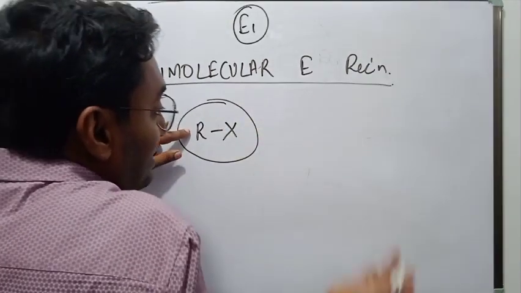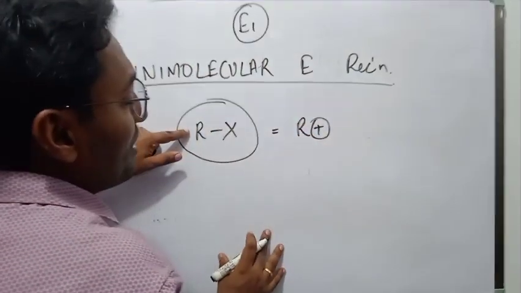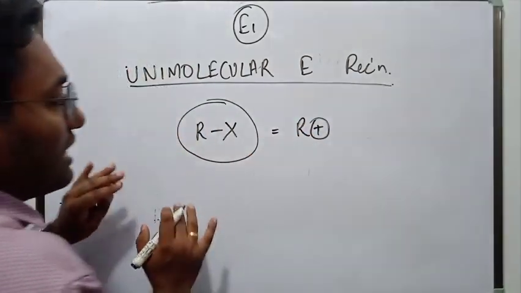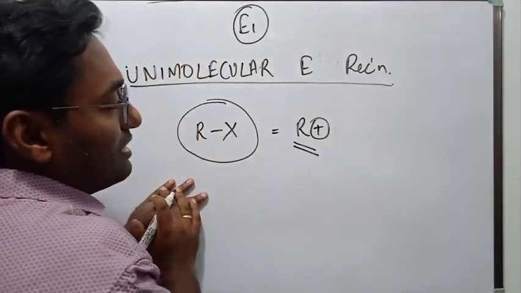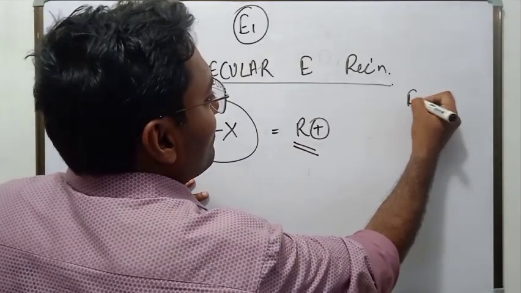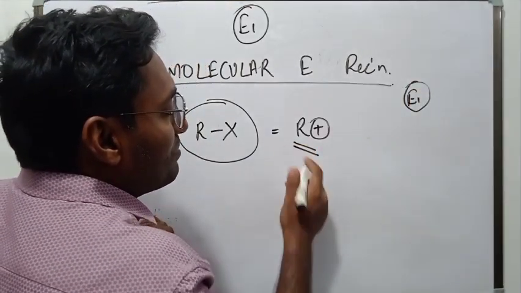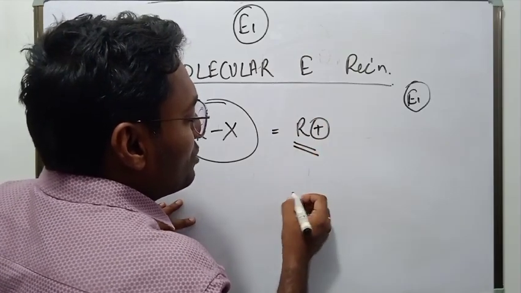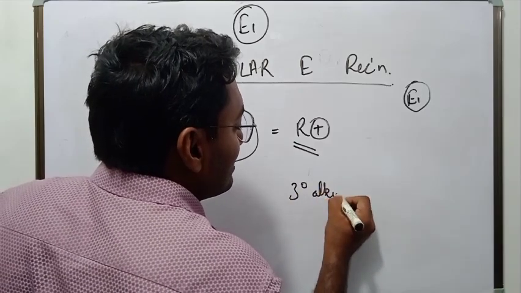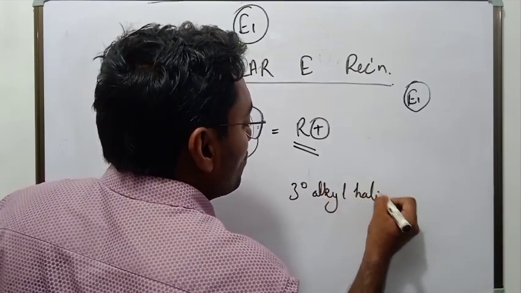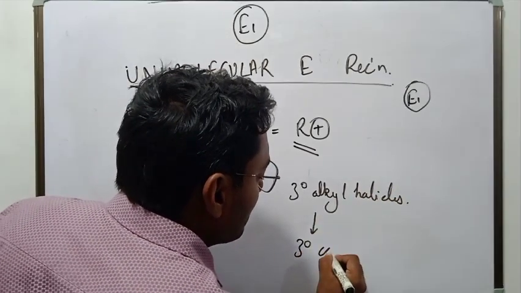How would it participate in the reaction? By becoming an ion. So only those alkyl halides that can become stable carbocations can show the E1 reaction. For your information, if you have seen my earlier video of SN1 and SN2, we know that tertiary alkyl halides give a very stable tertiary carbocation.